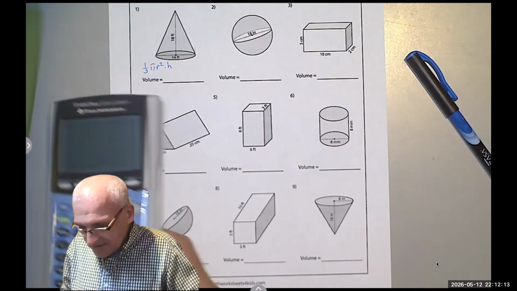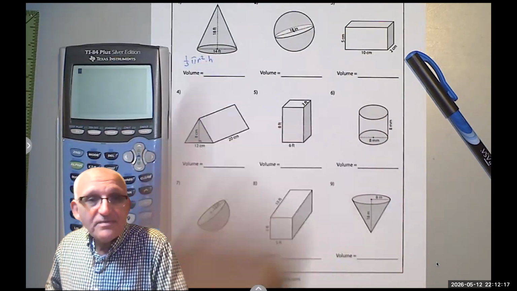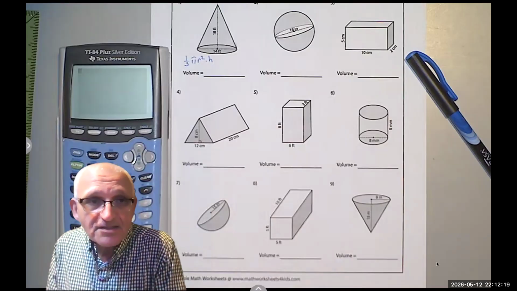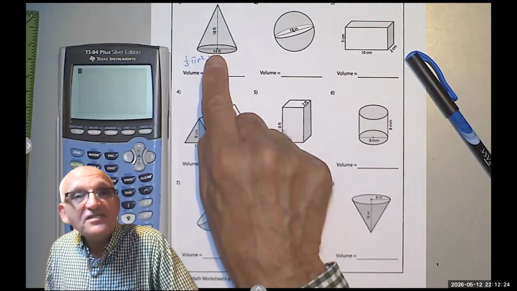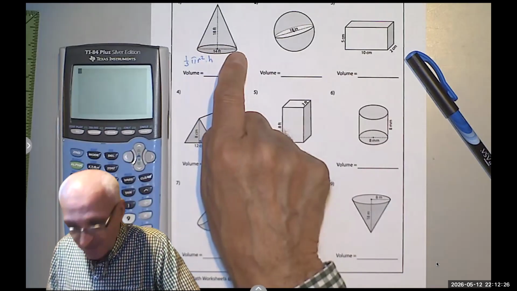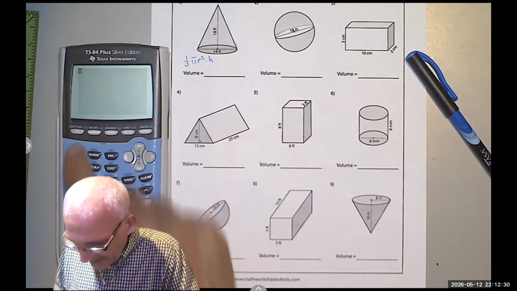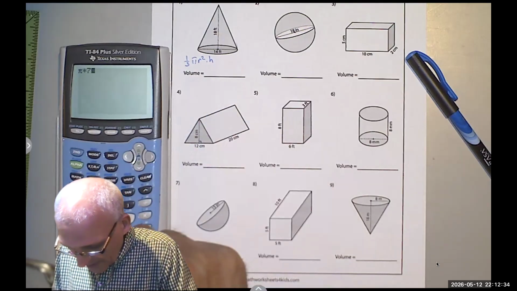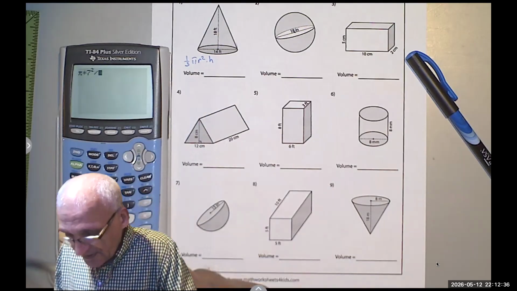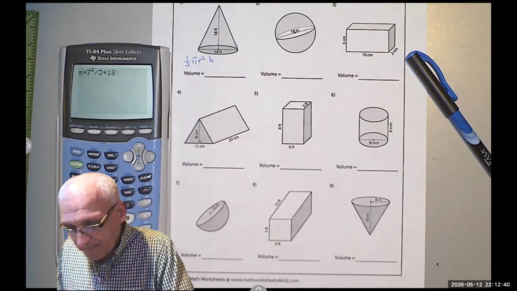Okay, so here's the calculator. The area of the base is pi r squared, right? r here is 7 feet because they give you the diameter as 14. So I would say pi times 7 squared over 3, because we divide by 3, times 18.